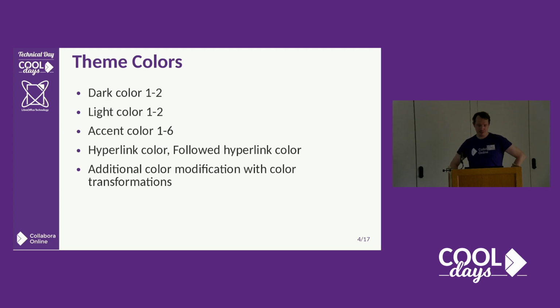And then you have different accent colors from 1 to 6, and hyperlink color and followed hyperlink color. I'm not sure why exactly this is defined here, but it is. Now, in addition, you can change the color by itself when you are using it in text by color transformations.